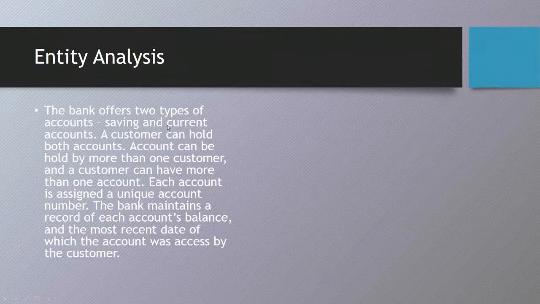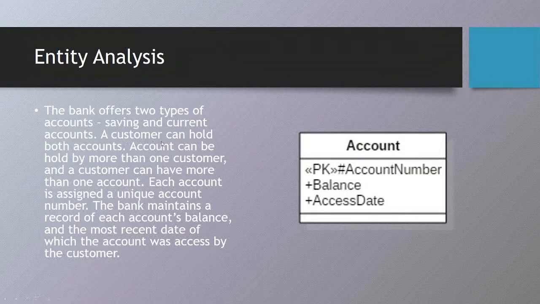Next, the bank offers two types of accounts. So we can conclude that there's an entity called account, and it says that each account is assigned a unique account number. So account number is the primary key, and the bank maintains a record of each account's balance and the most recent date on which the account was accessed by the customer.